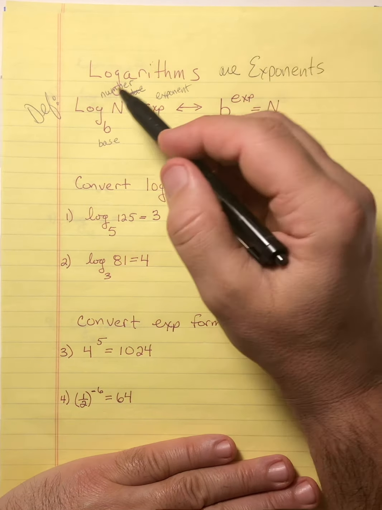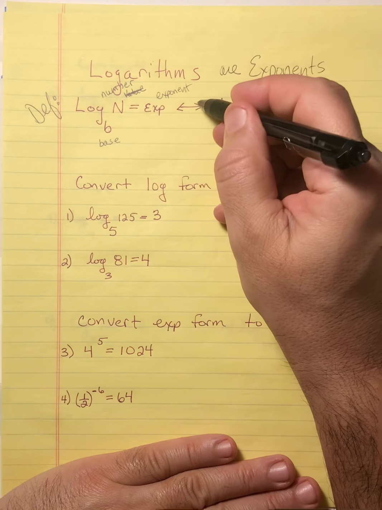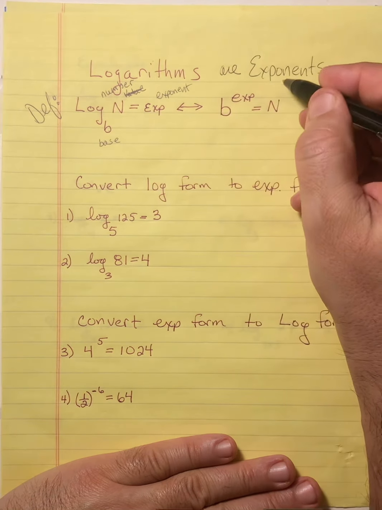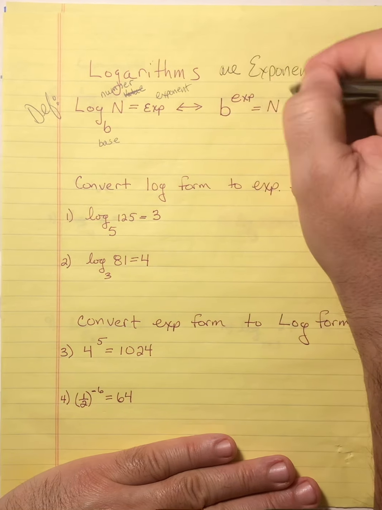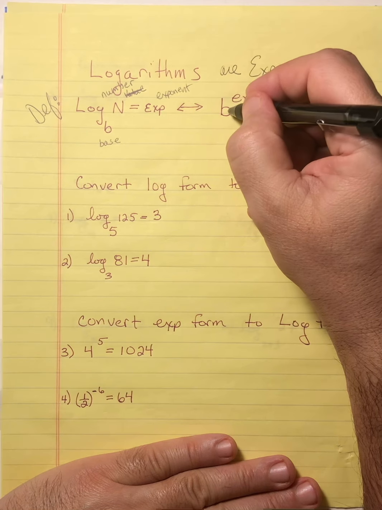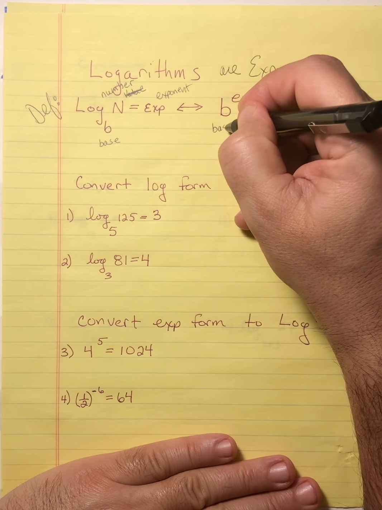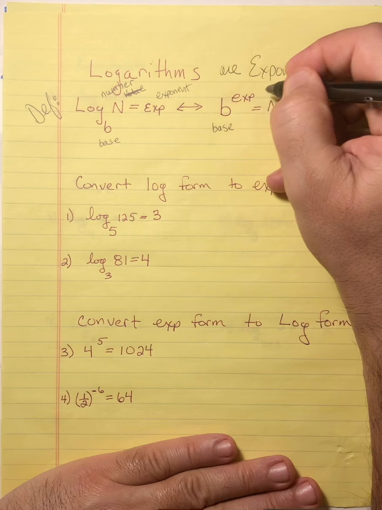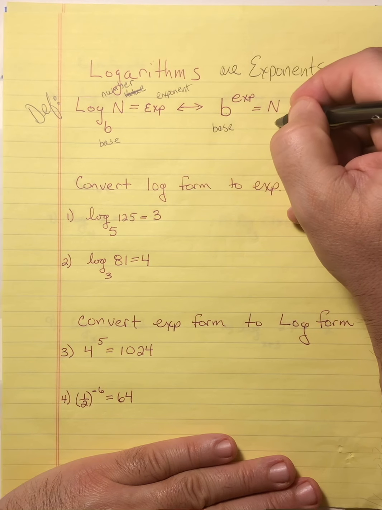And now, according to the definition, we can rewrite this so it's in exponential form. This is your base, here's your exponent, and there's the number.